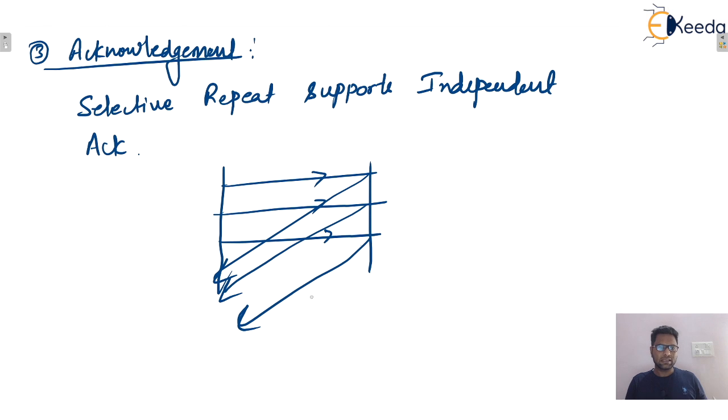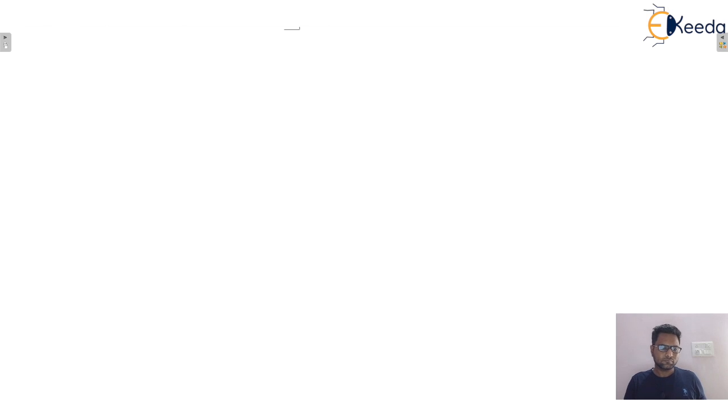One more thing is there, guys. Before that, let us consider one more point. What will be the efficiency here? Here, the maximum number of packets that can be transmitted is 1 plus 2a, but we are actually transmitting a number of packets equal to the window size.